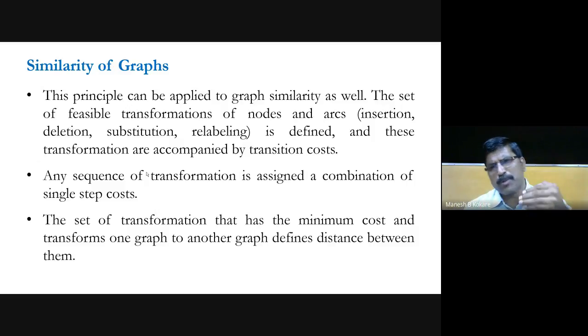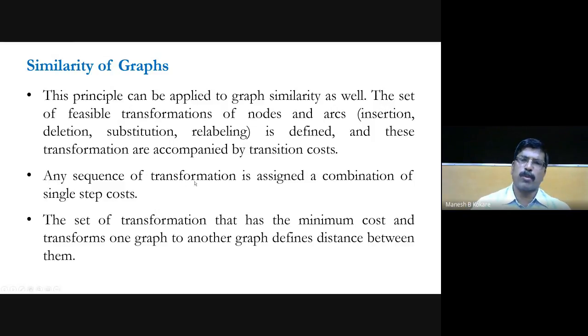So if there are, suppose, 2 deletions and 1 insertion, 2 deletions will cost 2 units and 1 insertion will cost 1 unit. So the distance will be 3 units. And if there is only one deletion and 1 insertion, there will be 2 units cost, that way.